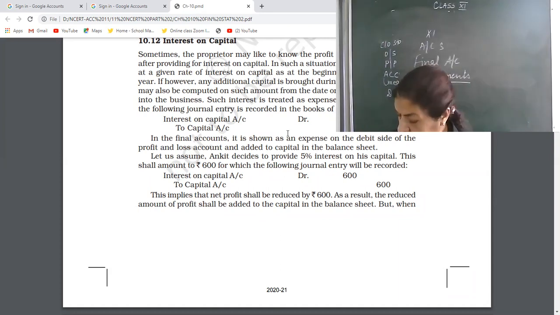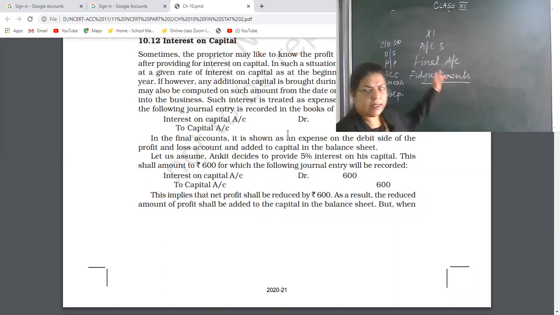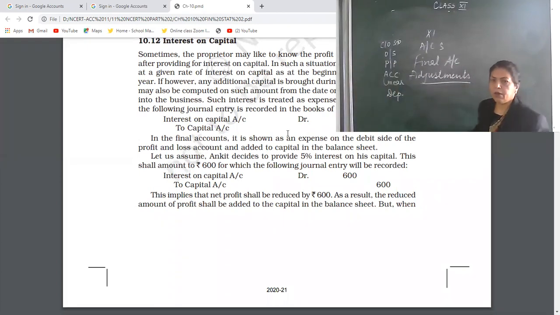And in the adjustments, see, I am making a list for you. These are the adjustments you can see in yesterday's video, and today I am going to tell you about today's adjustments which we discussed after depreciation, that is bad debts, which is known as further bad debts.